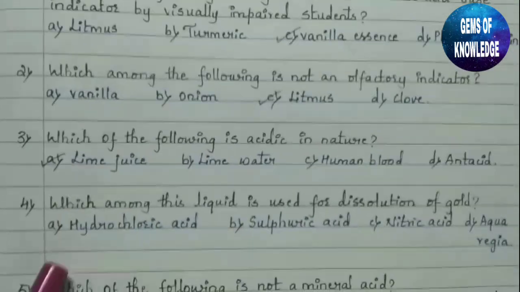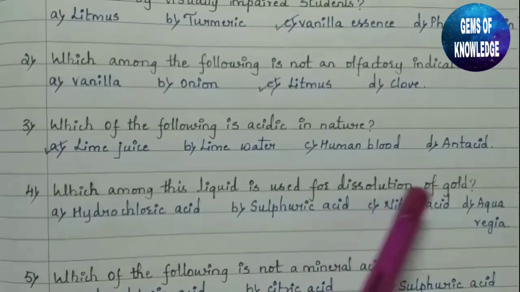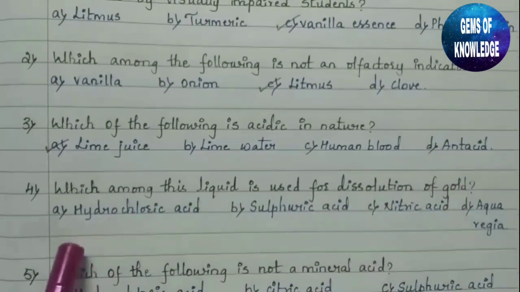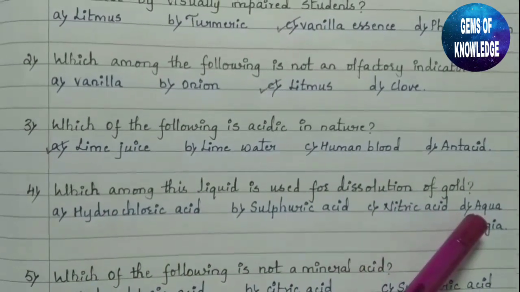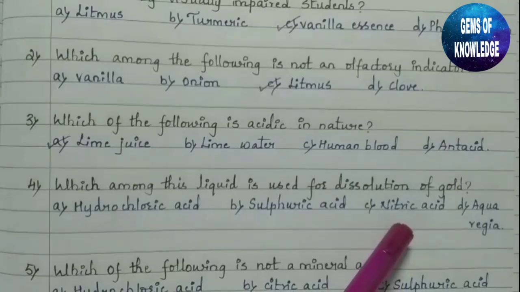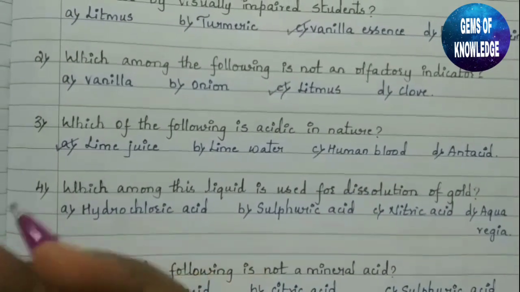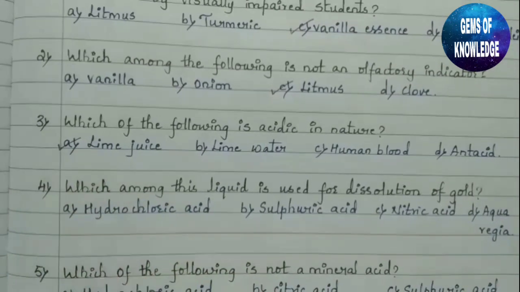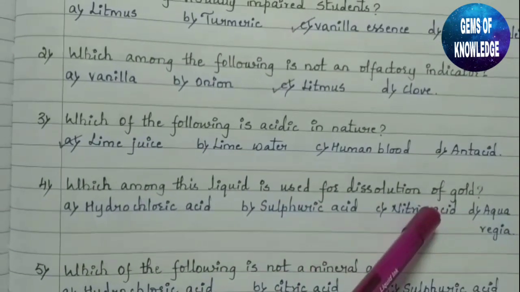Next, coming to the fourth one, which among these liquids is used for dissolution of gold? Among these four solutions, which is used in melting of gold? Dissolution is just melting the gold into a solution. Hydrochloric acid is not possible, nor sulfuric acid and nitric acid alone.